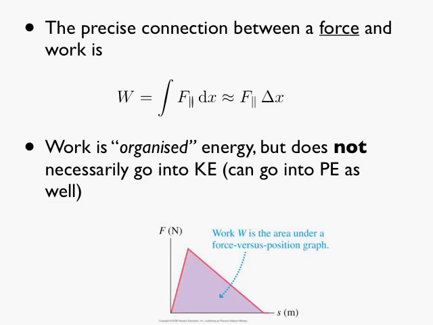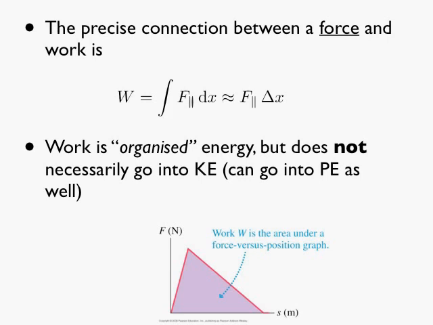The precise connection between a force and work is the integral, or the sum, of the forces in the direction of the displacement. Graphically, if we did force versus displacement, work is organized energy, increasing a particle's kinetic energy, lifting an object up, compressing a spring, but not just increasing random motion like thermal energy.